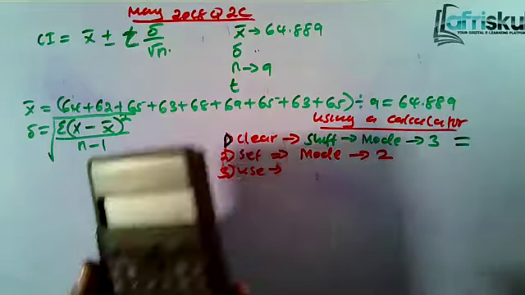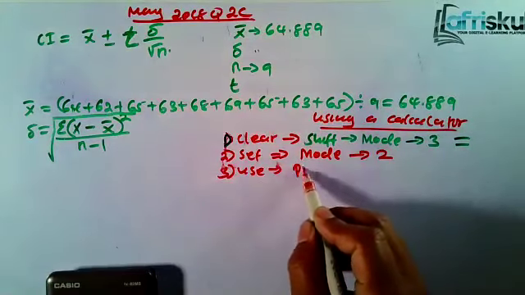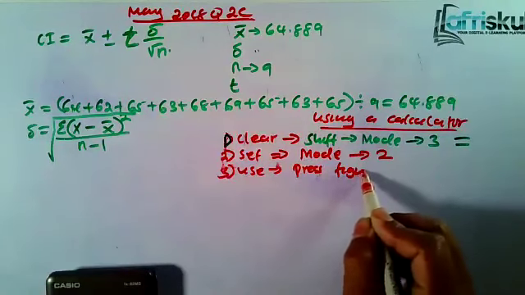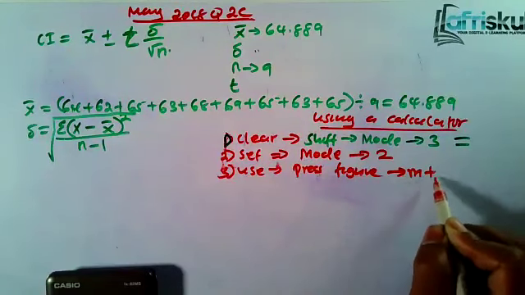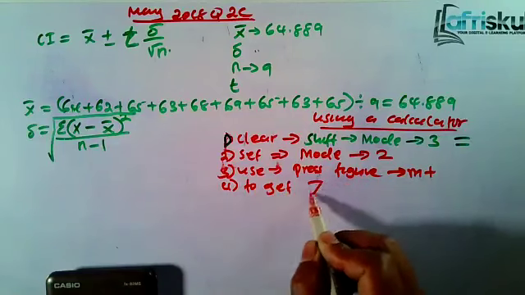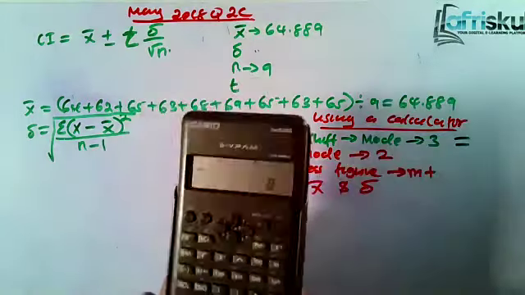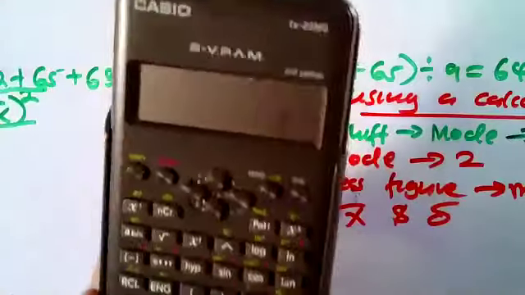So in case you want to get mean, so tumesema you press figure, then you press M+. So now number 4. To get X bar and standard deviation, this is your calculator.